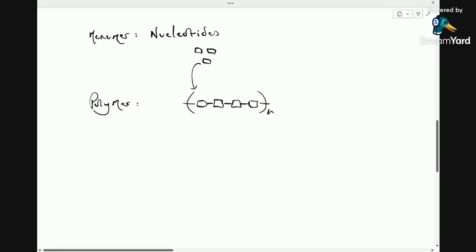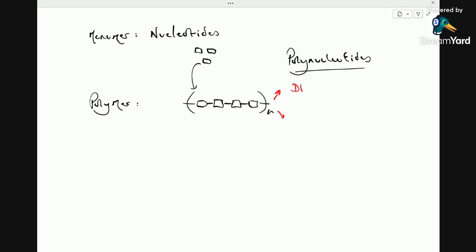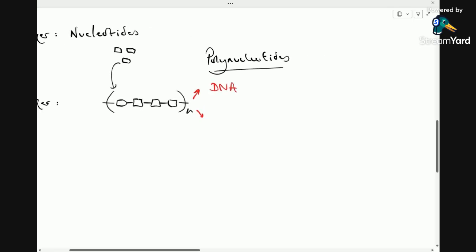We have two types of polymer, called polynucleotides: DNA, which stands for deoxyribonucleic acid, and RNA, which stands for ribonucleic acid.